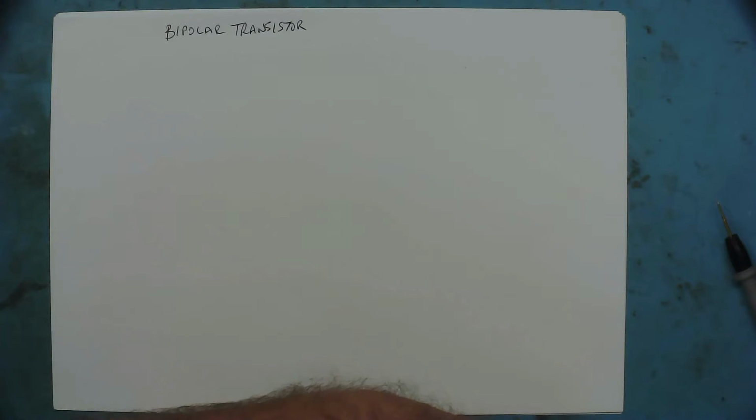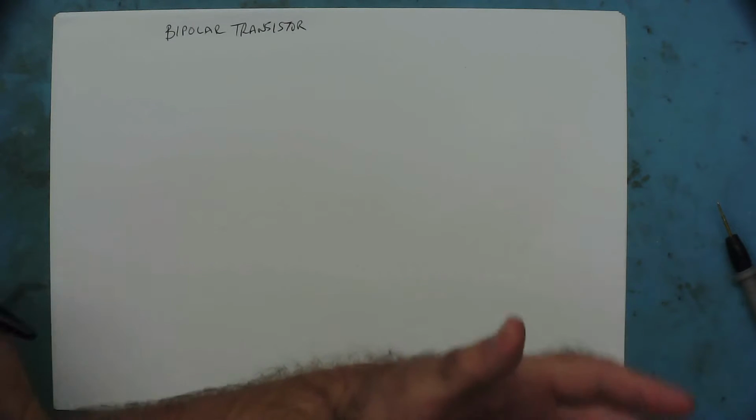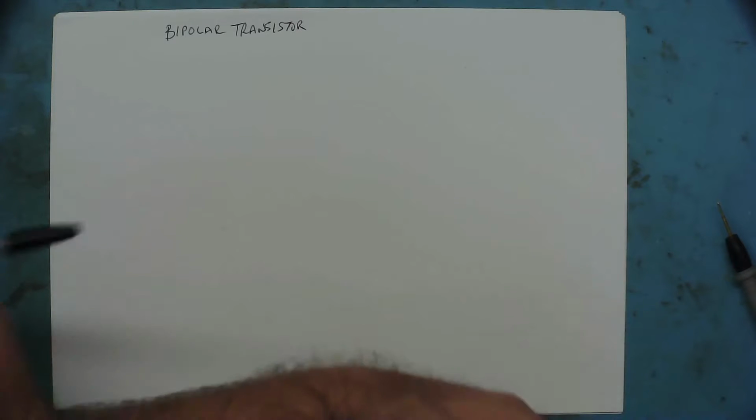So the first thing we need to say about bipolar transistors is they're actually very reliable devices. As long as it's used within the specification of the manufacturer, so the current and voltages are within the specified range, then there's no real reason why a transistor should fail.